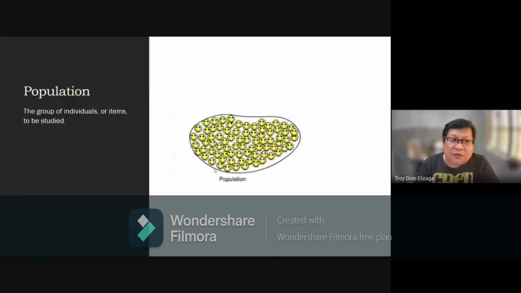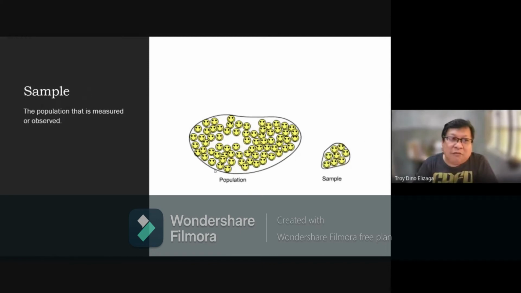So we again define population, which is the group of individuals or items to be studied. And then we also mentioned there that the population is normally too big to be studied. It's almost impossible to account for each one. That's why we need to get only a sampling. So a sample, which is that part of the population that is measured or observed.